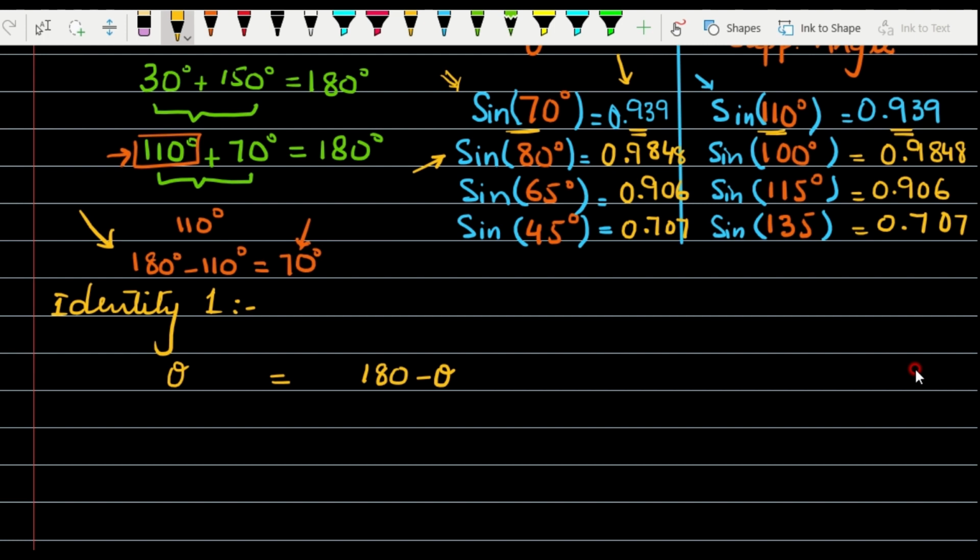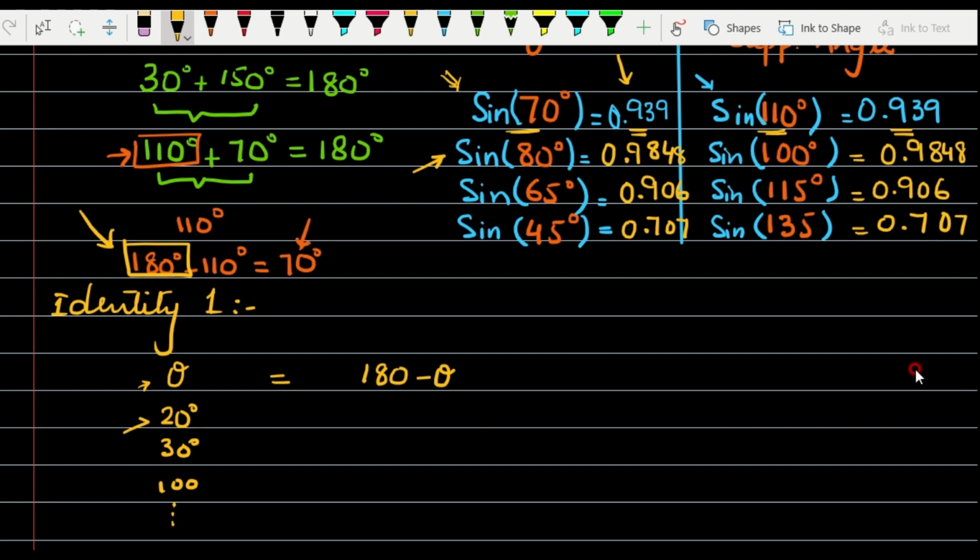Yes, exactly. Whatever the angle was given, that theta basically represents an angle. That angle can be anything. That can be 20, that can be 30, that can be 100, that can be any angle.